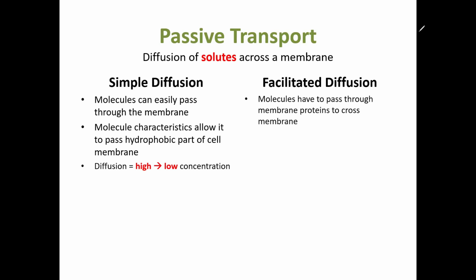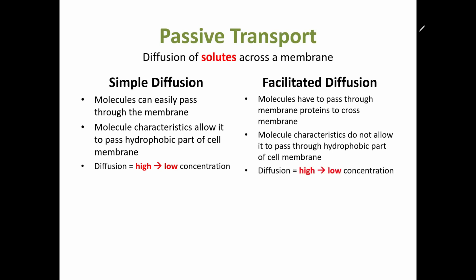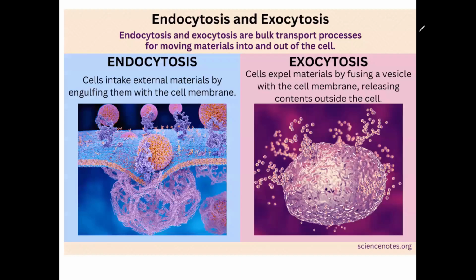But in the case of facilitated diffusion, molecules have to pass through membrane proteins to cross the membrane. So you see, they require a protein channel before they get into the cell. In this case, the molecule's characteristics do not allow it to pass through the hydrophobic part of the membrane. And of course, it's also from a region of higher to lower concentration.